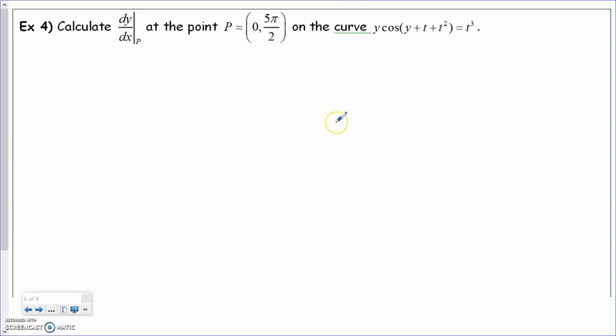Okay, last one. Same idea here. This is a big problem. Do not try to solve for the derivative. Let's just plug things in.